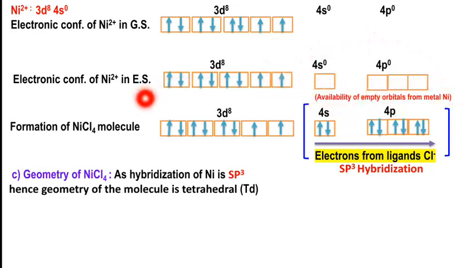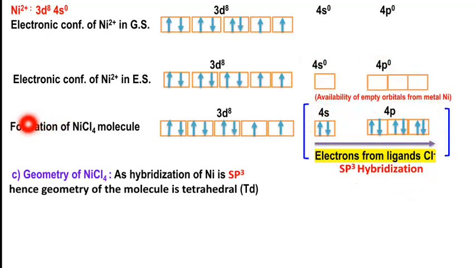The 3d orbital already contains the 8 electrons, and the next energy orbitals are 4s and 4p. Here you can see that the 4 orbitals are evacuated by the nickel metal atom. Within these 4 orbitals, the chloro ligand will donate the lone pair of electrons, and the metal will keep these electrons in these empty orbitals.